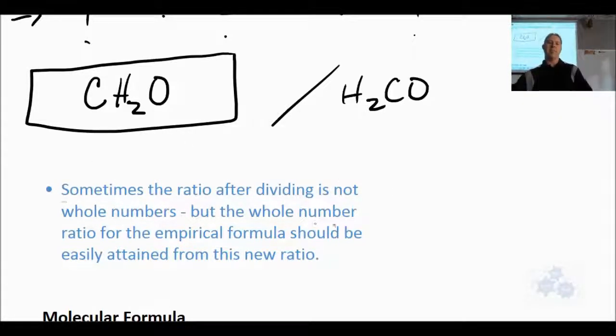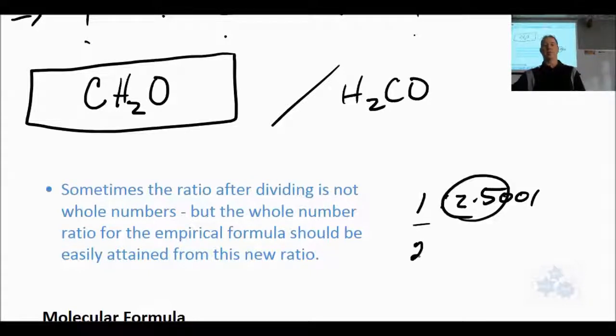So for example, if you have a 1 to 2.5, let's say. When you divide, you don't get a whole number, you get something very close to 2.5, 2.5001 or something like that. You can't round this to 3 and say 1 to 3. That's not okay. This is really close to 2.5. So then your empirical formula, because you can't have decimals, would be 2 to 5. You just multiply everything by 2.